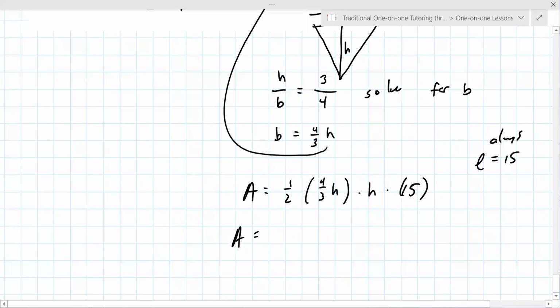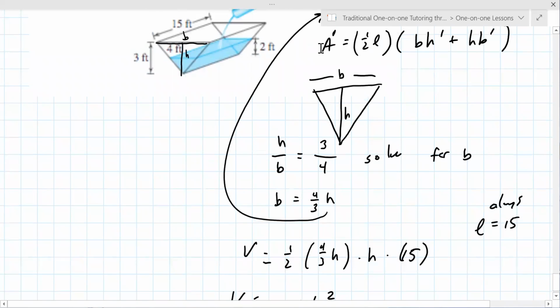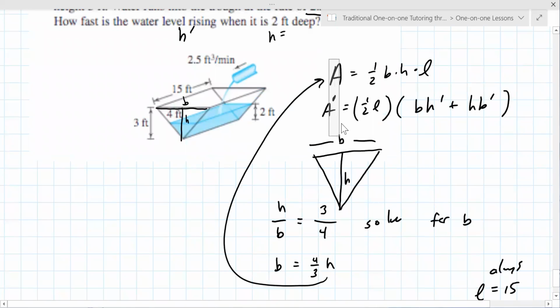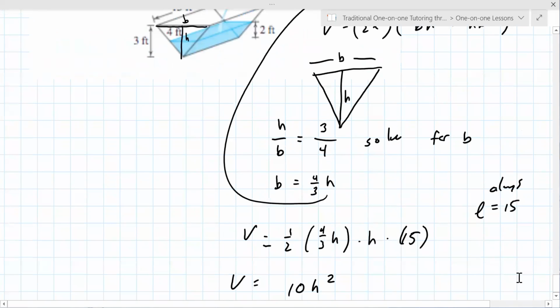So that's 2/3 times 15, divided by 3 is 10. So it looks like it's 10H squared. I'm sorry, and this is volume. This is not area. Volume. And then we change it up here. Okay, so the volume is now in terms of H.